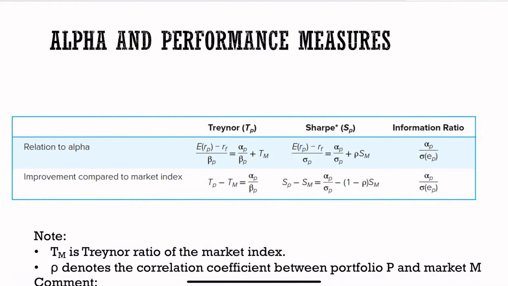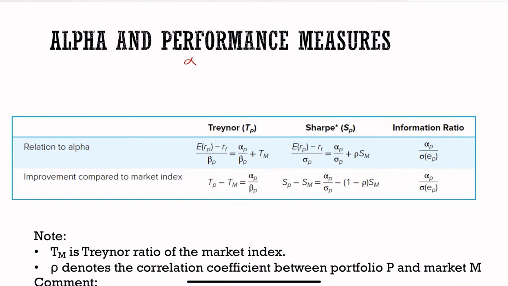So let's say we look at Treynor ratio, right? It seems that Treynor ratio is just defined by this, and it seems that it is not related to alpha. However, we know that. So what is alpha?